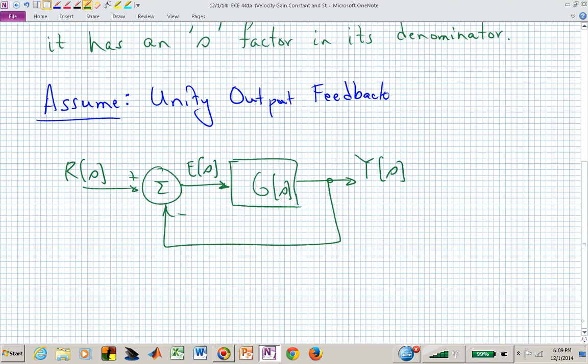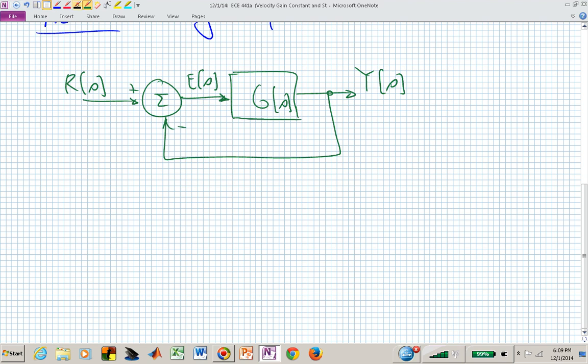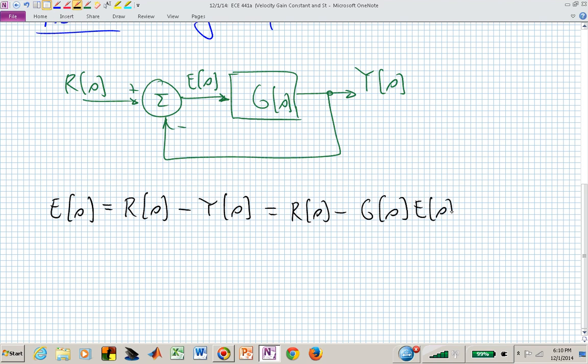the closed loop configuration. For completeness, let's go ahead and derive that expression for the error signal E. That's just the output of that summing junction, which must equal the input to the summing junction, which is R of S, the reference, minus Y of S. But we can start to simplify things if we rewrite the output Y as G of S, E of S. And now we can collect our E of S terms on the left.